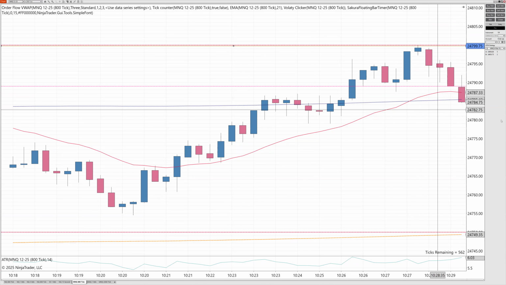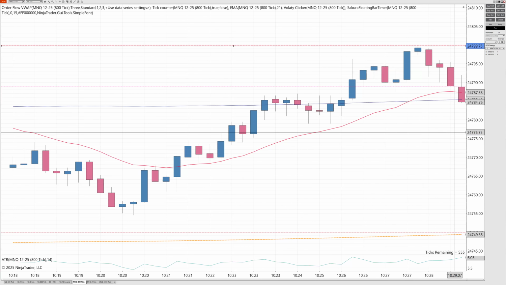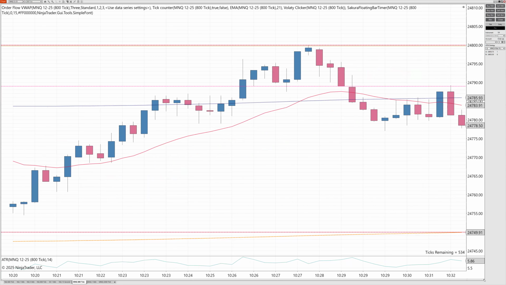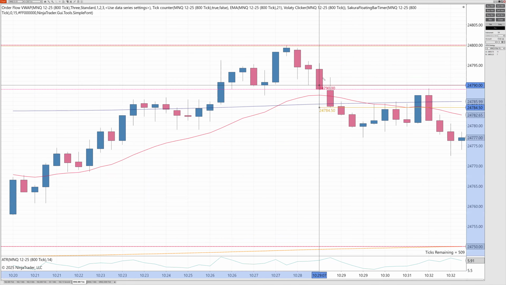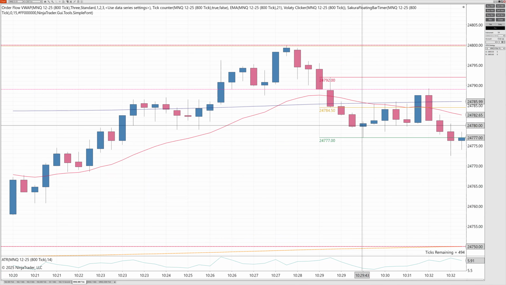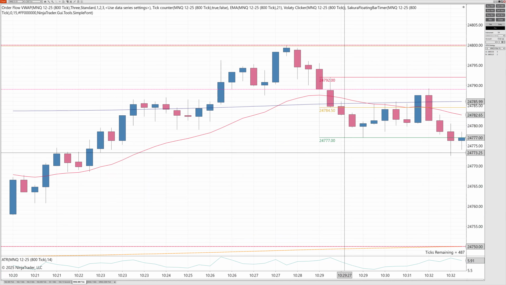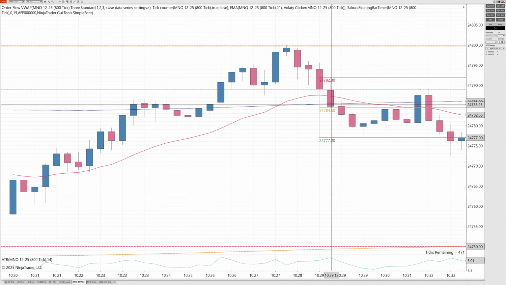We don't have anything else in our way. So this did work. Actually worked right here. So this is about, let's see, 3 and 4, 7.5 points. So let's just say, we'll call this another 6-point winner at 1029.